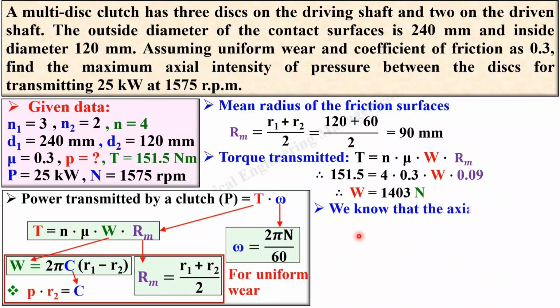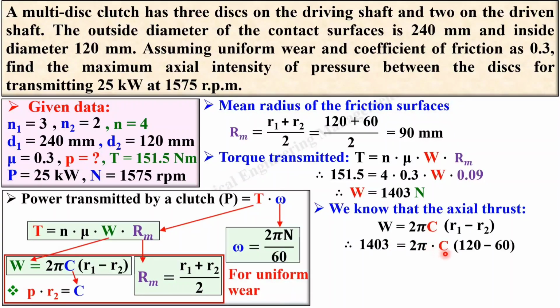Now you know that axial thrust W is equal to 2 pi C into (r1 minus r2), that you can see over here. So put the value of W as 1403, 2 pi C as it is. You have r1 and r2 also. Simplify it so that you will get C. Once you have C, then definitely you can use this equation, p into r is equal to constant for the uniform wear theory.